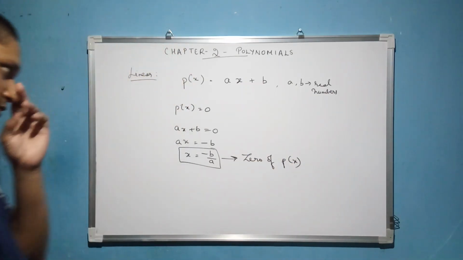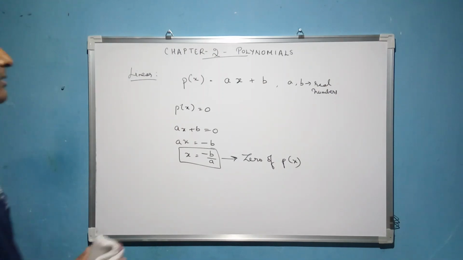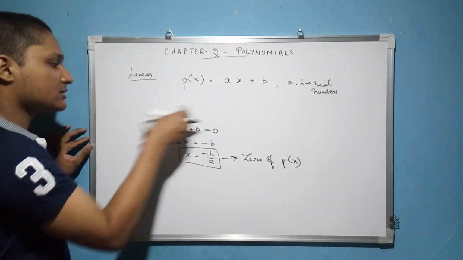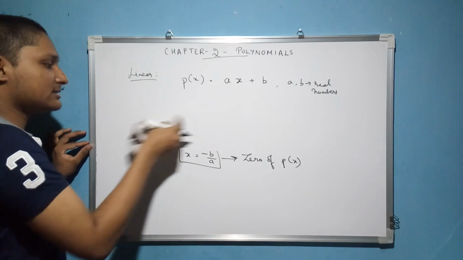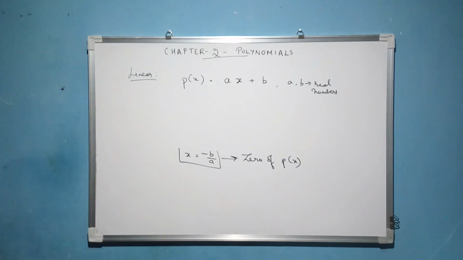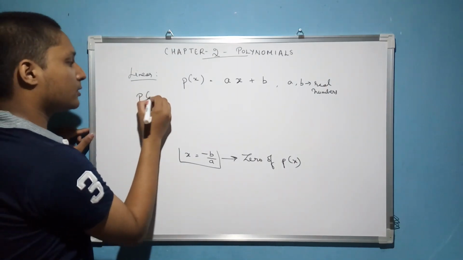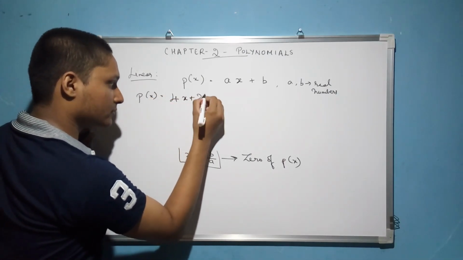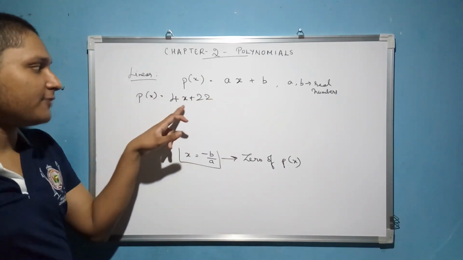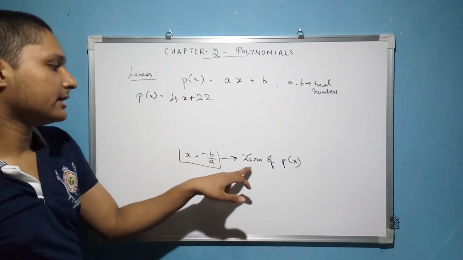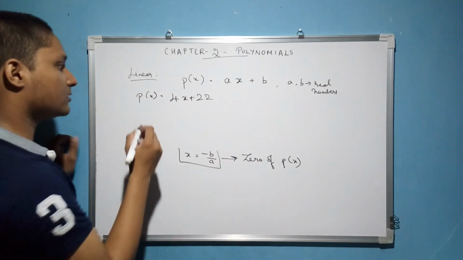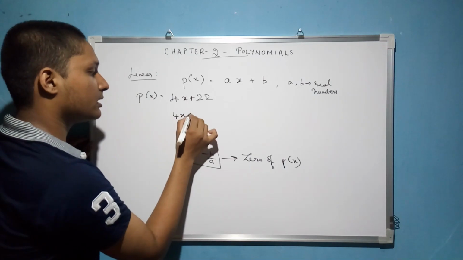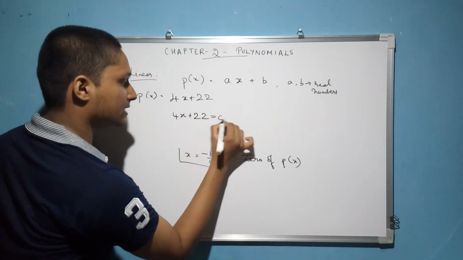Okay. So now we'll have this simple example based on what is given here. So I'm just going to use this directly. Now we have a polynomial p of x is equal to 4x plus 22. You need to find some value of x for which the whole p of x becomes 0, or 4x plus 22 is equal to 0.